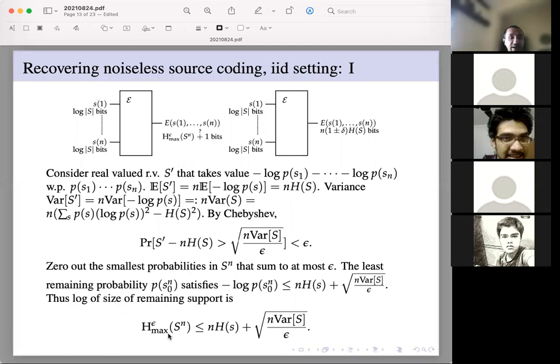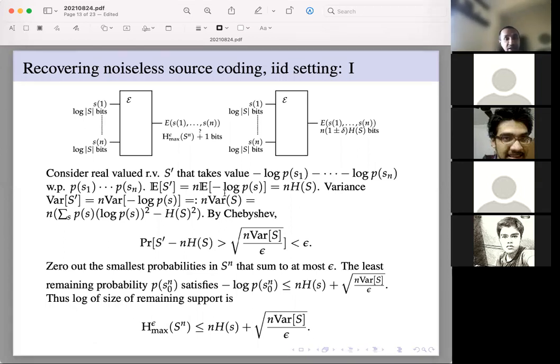And the smallest value of this random variable, which means the largest probability, will be H epsilon min. Again, I have to do some smoothing, but you can imagine what smoothing I'll do for H epsilon min. I'll throw away the largest few, which sum up to at most epsilon. Then that is the largest non-trivial probability of interest. So that is H epsilon min.